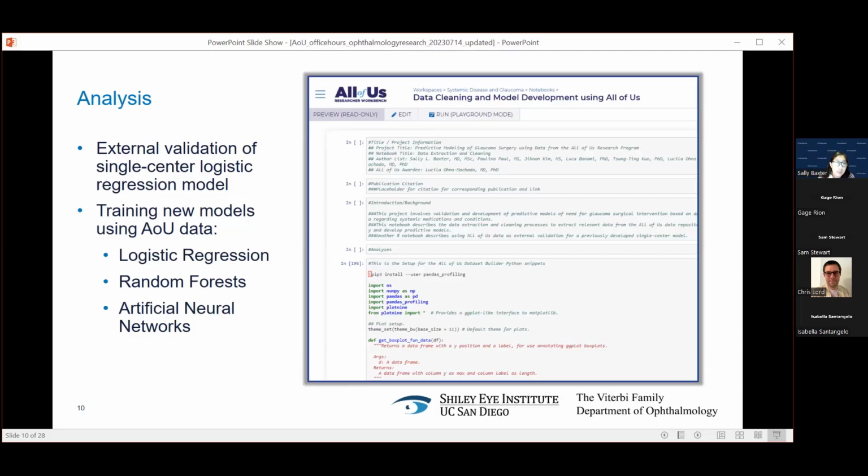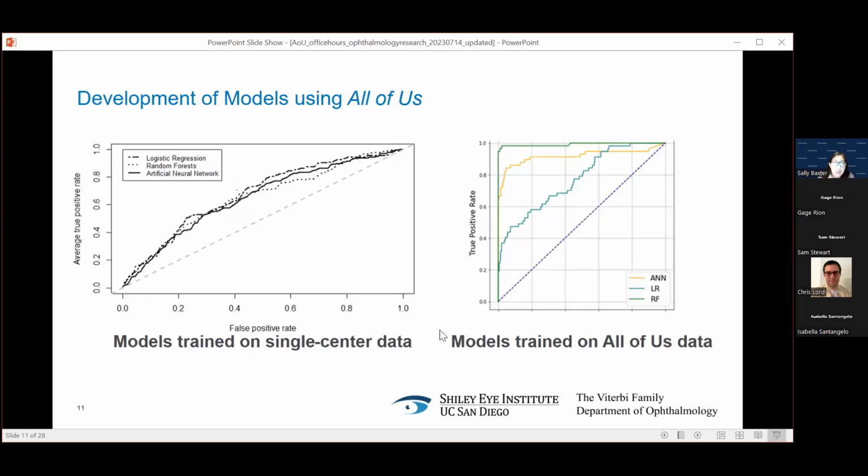So the models that we trained, we used logistic regression, random forest, as well as artificial neural networks. And so I won't go into all of the details from the project, but the main takeaway was that we had much better performance. These are AUC curves, which really are a way to show how well models discriminate between the outcomes.